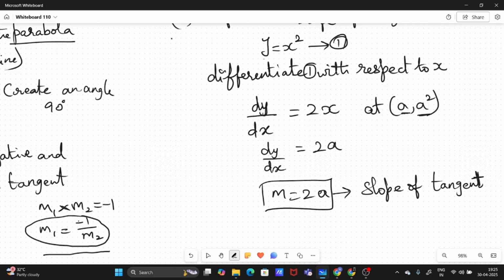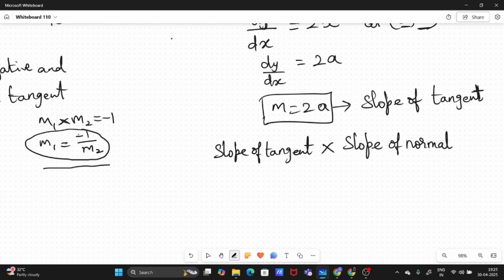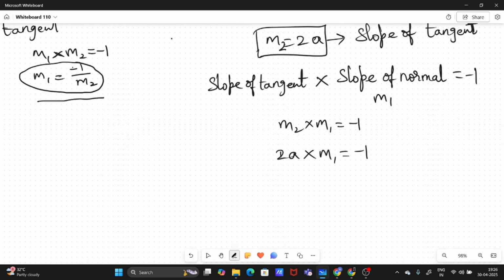Now, using this slope, I am going to substitute in the product of the slope of tangent times the slope of normal. Since tangent and normal are perpendicular, I use this to find the slope of the normal. m2 times m1 equals -1, m2 is 2a, so 2a times m1 equals -1, and here is your m1 equals -1 over 2a.